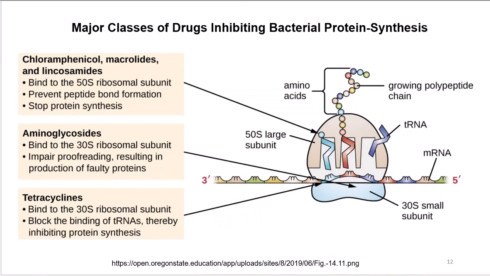For those that are attacking the ribosomes, you have this model where you have a 30S subunit to which the messenger RNA gets bound, and then you have the 50S subunit, which has a place where the transfer RNAs will bring in amino acid precursors, and they're going to match up to the messenger RNA.